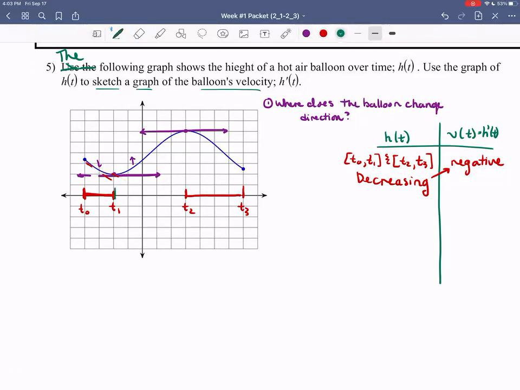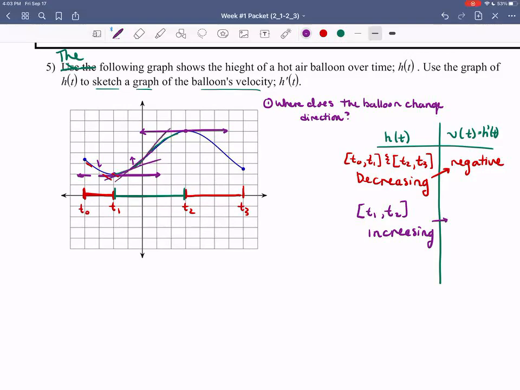So now what about the interval between t1 and t2? What's happening with our h function? Well, our height is getting larger. So our height is increasing. So on the interval t1 to t2, our height function is increasing. So then what do we know about our derivative at that point?